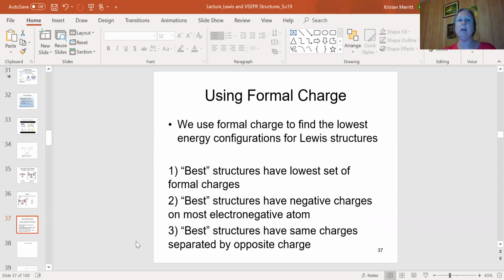Now check these. Make sure you follow these guidelines. You put the negative charge on the most electronegative atom. Any charges that are next to each other should be opposite charges, right? And then you select the structure that has the lowest set of formal charges. It has the lowest numbers.